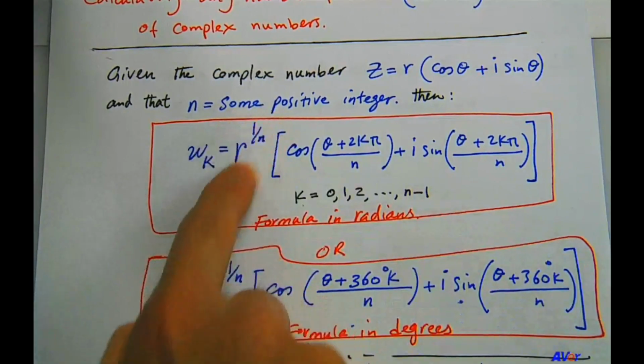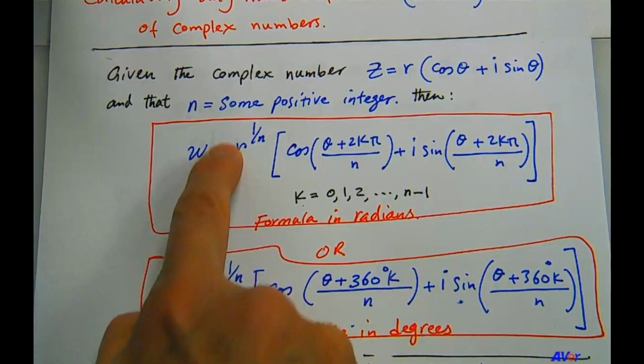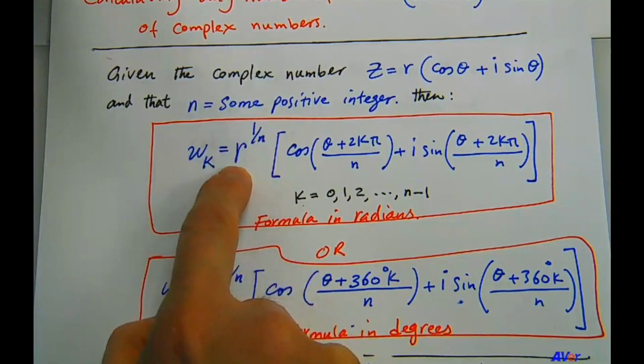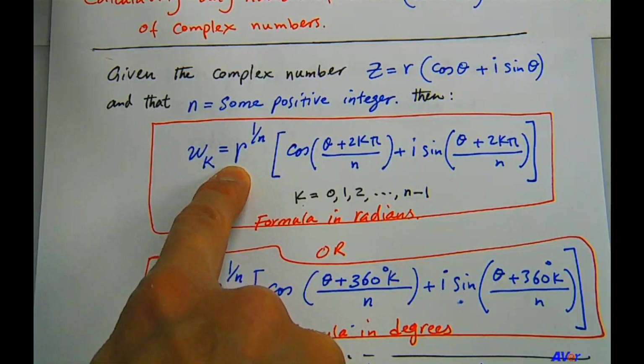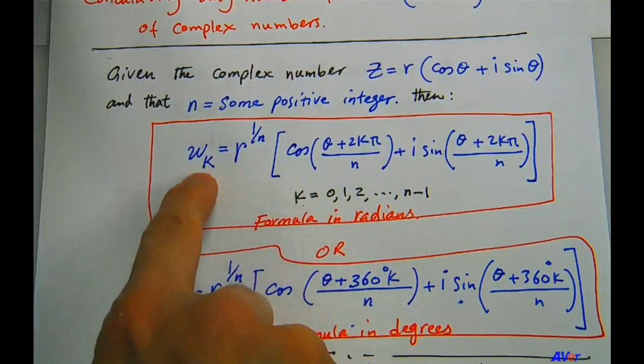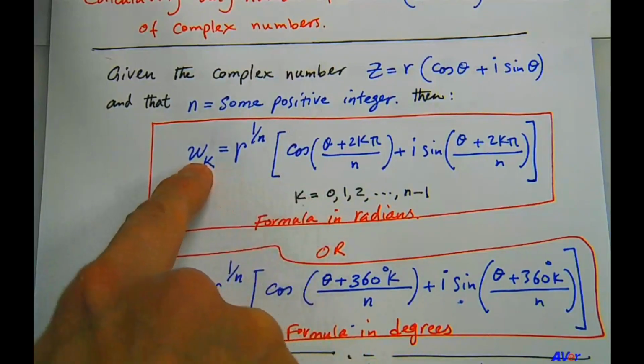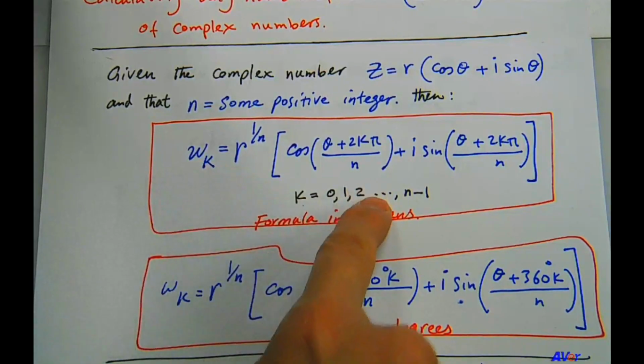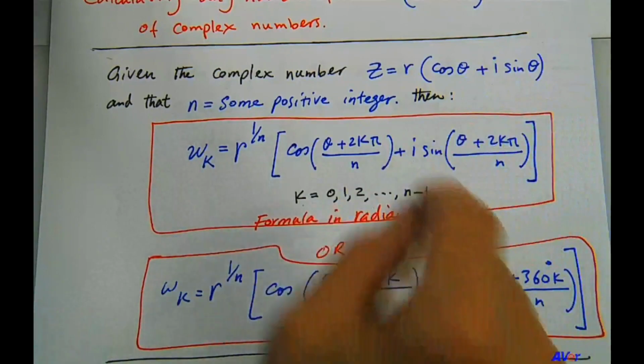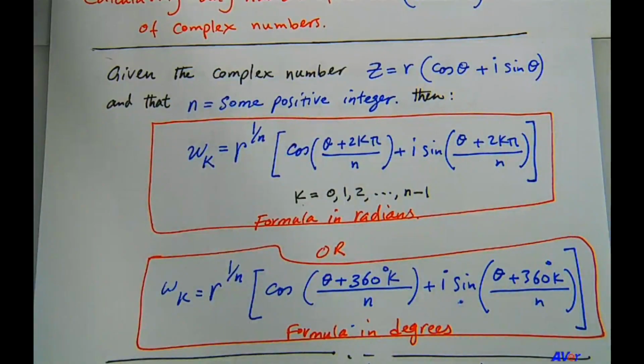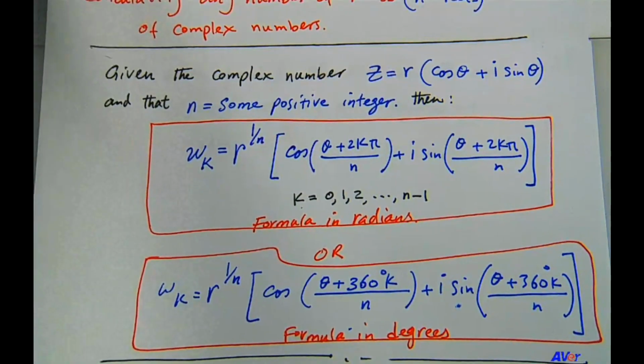This whole thing is the radius, not just r. r to 1 over n is the radius. And the individual roots that we find by incrementing k to 0, 1, 2, 3, and so on, are going to plot at equally distant points on a circle. And we'll see an example of that.